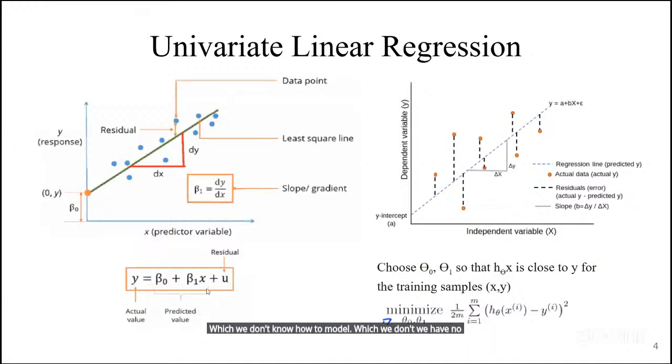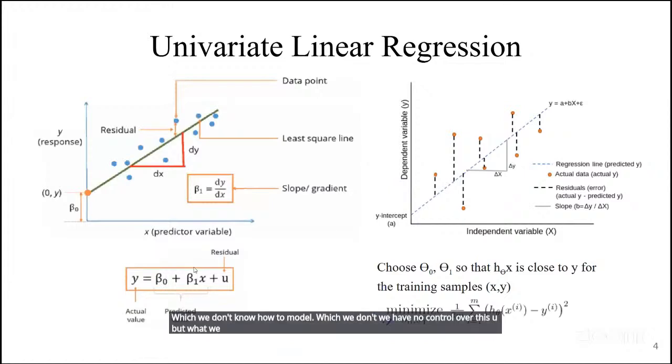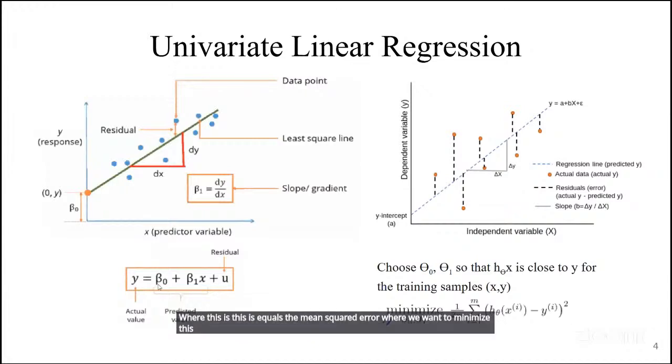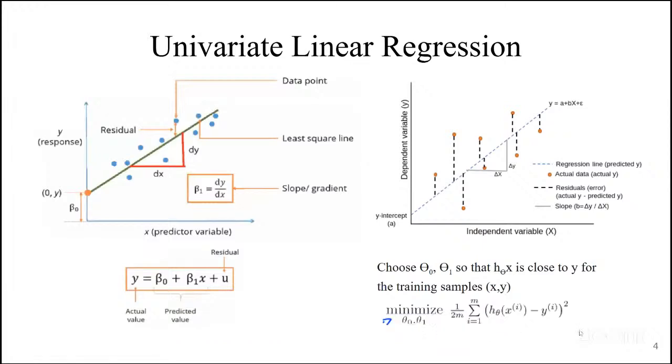But what we can control is modeling these data points with the line defined by beta naught plus beta 1 x. We found beta 1 and beta naught by minimizing the mean squared error. So this is what we saw last class.